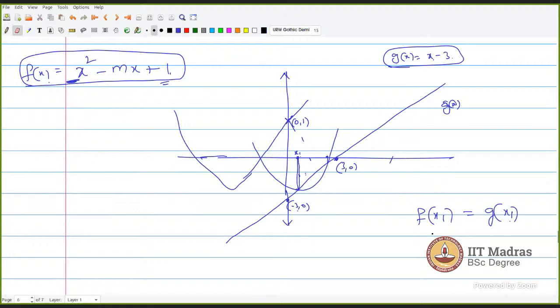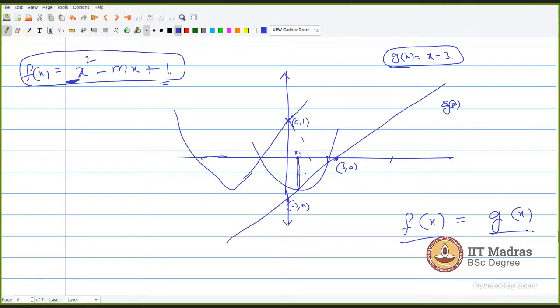That means f of x becoming equal to g of x shouldn't happen. That means there should be no x such that f of x is equal to g of x. So this is the key idea behind the question.